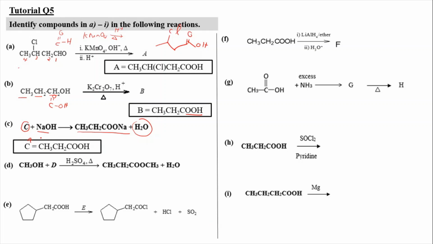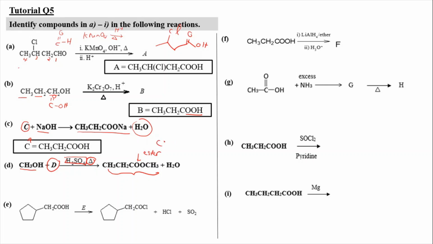Now for the structure D here, we have methanol and it reacts with structure D in the condition of a sulfuric acid catalyst at high temperature, and then it's going to produce the structure here. So when you see oxygen and oxygen back to back, next to each other in the middle of the carbon chain, you know that it is an ester.